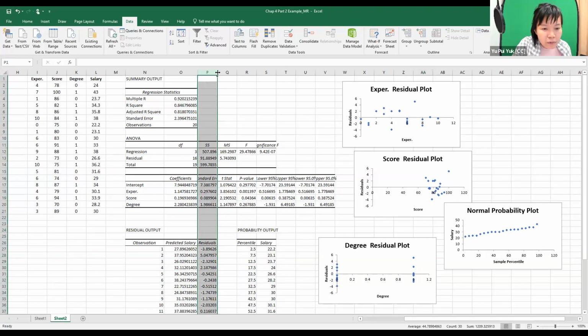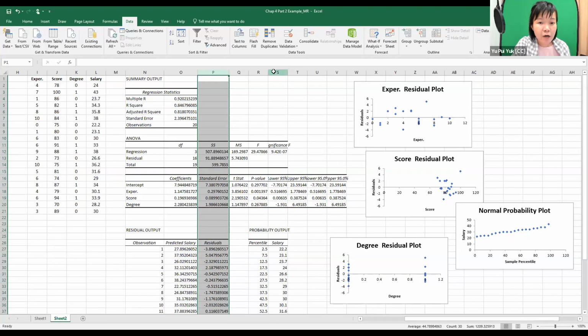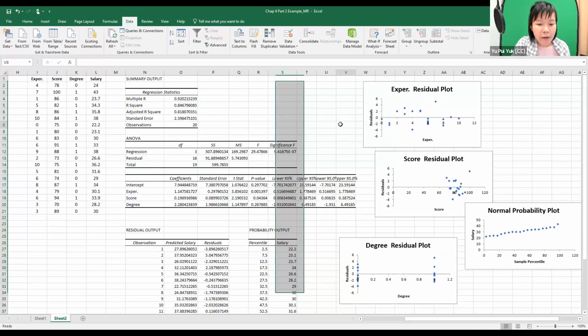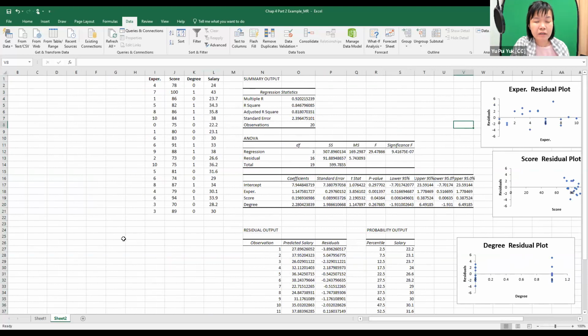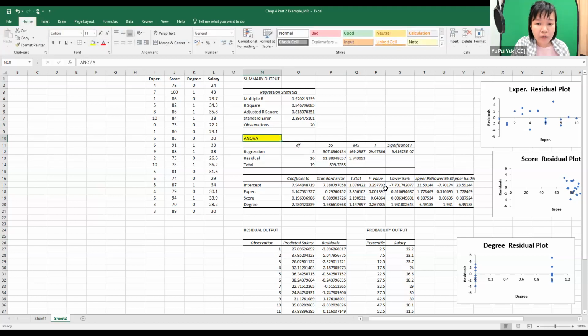So here is the regression output. Remember, to see whether the regression model is significant or not, we should look at the ANOVA output. From the ANOVA, this is the F, the test statistic, and here is the p-value.